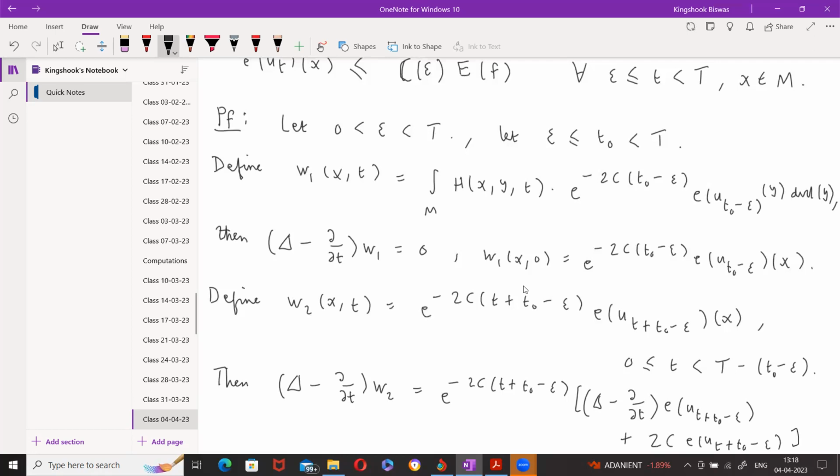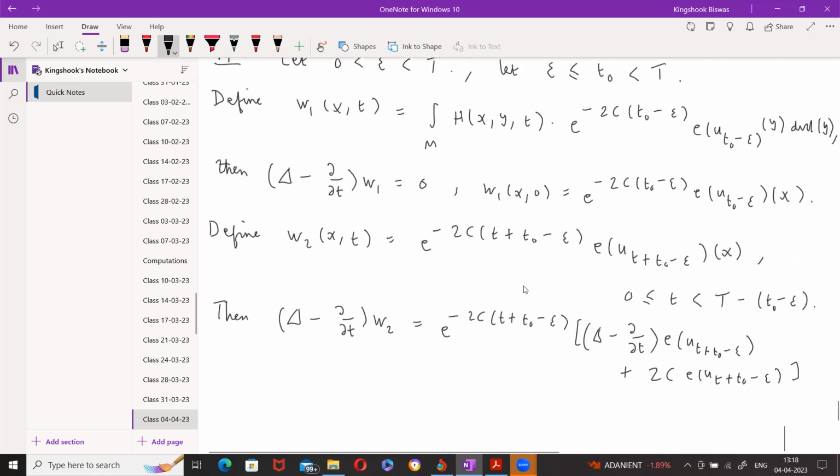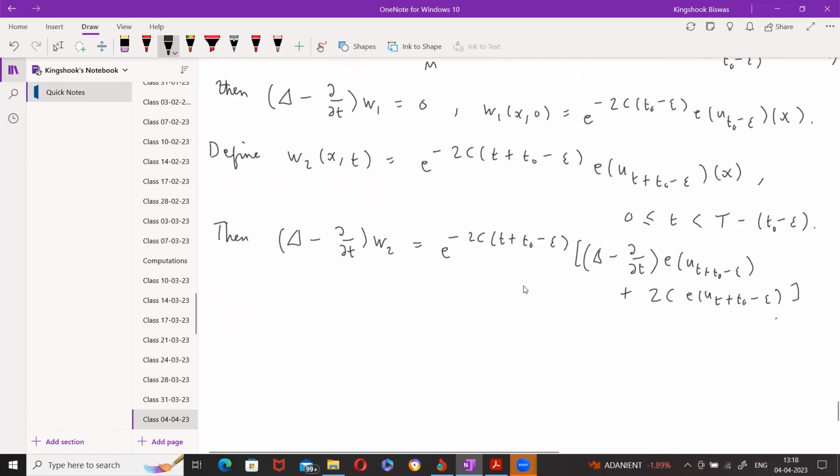Okay. And now, by the previous proposition, this quantity inside brackets is greater than or equal to 0, by previous calculation, right? This is greater than or equal to 0.